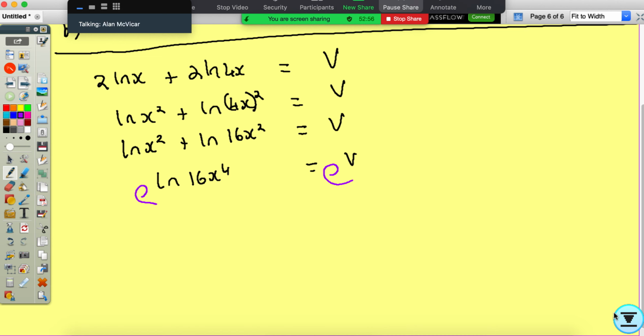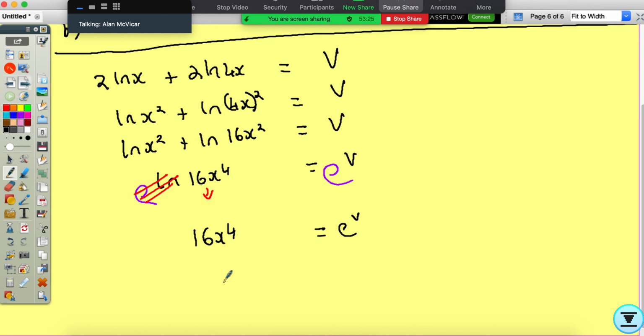Now, we know what happens next. The e and the ln cancel each other out, and your 16x to the power of 4 drops. I'll explain why that is, but just treat the rule like that. Gives you e to the power of v.